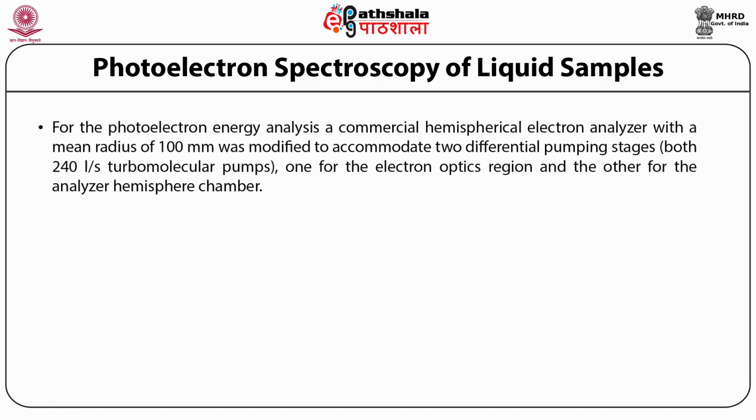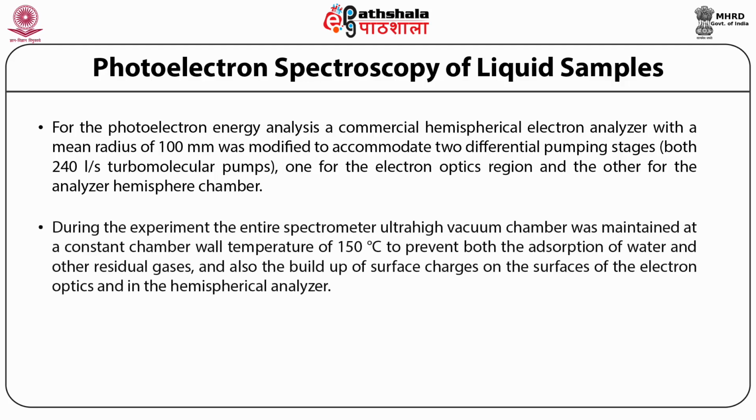For the photoelectron energy analysis, a commercial hemispherical electron analyzer with a mean radius of 100 nanometer was modified to accommodate two differential pumping stages, both 240 liter per second turbomolecular pumps, one for the electron optics region and the other for the analyzer hemisphere chamber.